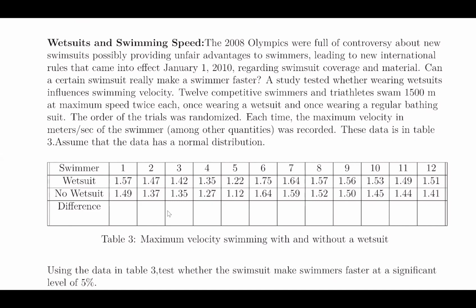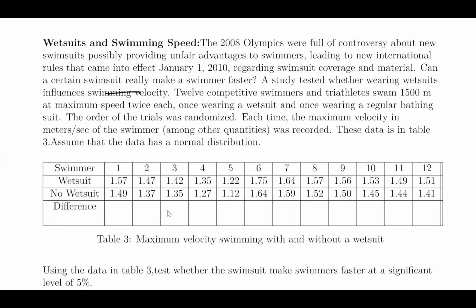So 12 competitive swimmers and triathletes swam 1,500 meters at a maximum speed twice, once wearing a wetsuit and once wearing a regular bathing suit. The order of the trials was randomized. Each time the maximum velocity in meters per second of the swimmer was recorded.